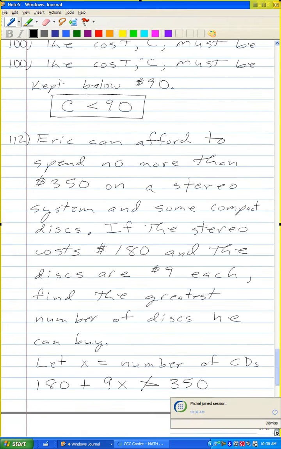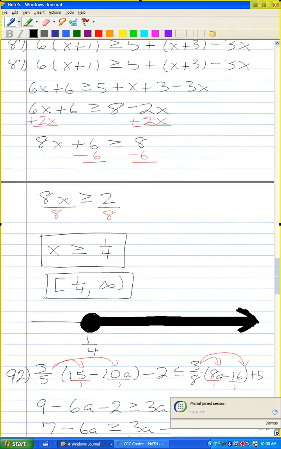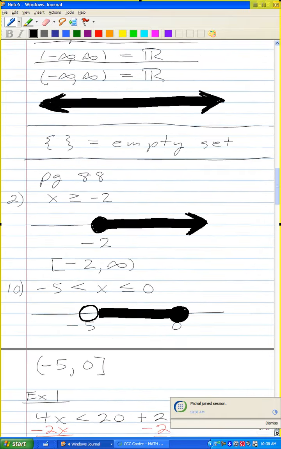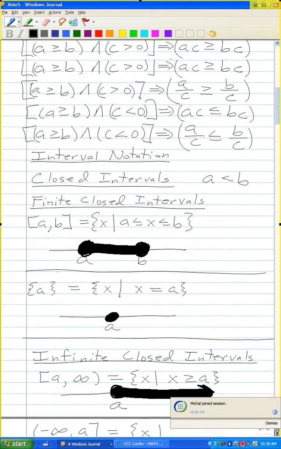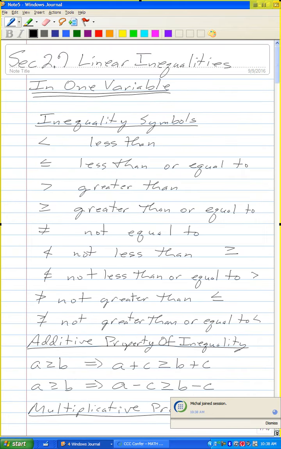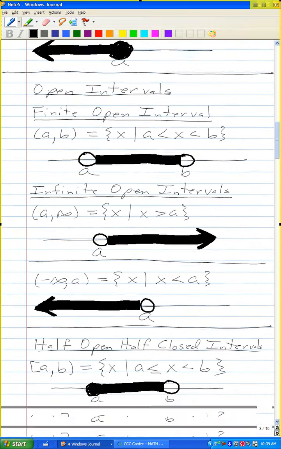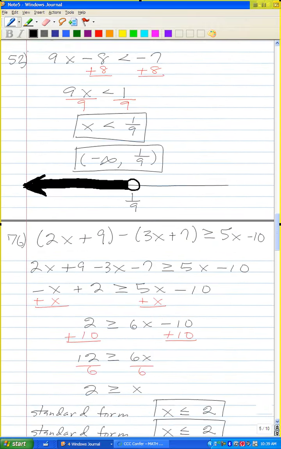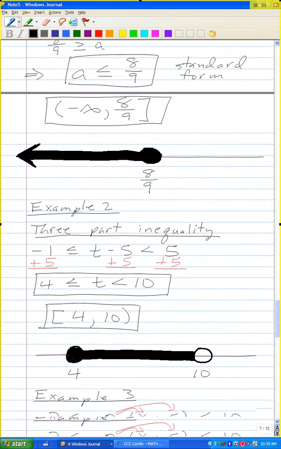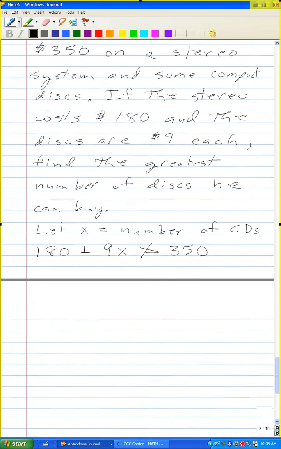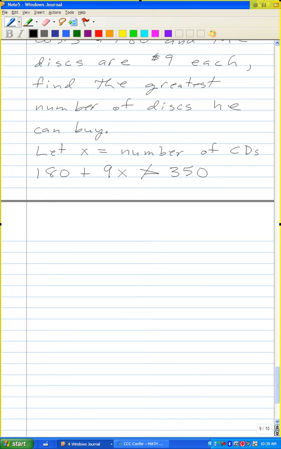Let's look at the very, very beginning. What is not more than? Less than or equal to. So I already said here, not more than is less than or equal to. So let me rewrite that. So 180 plus 9x is less than or equal to 350.